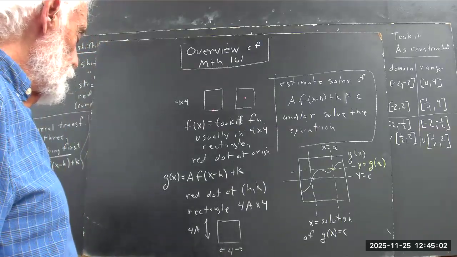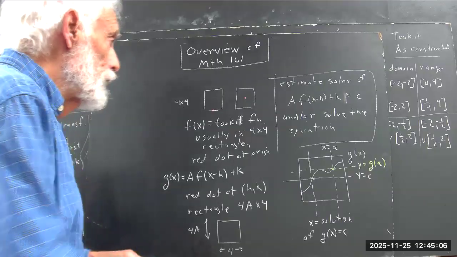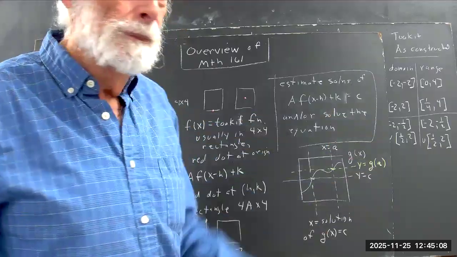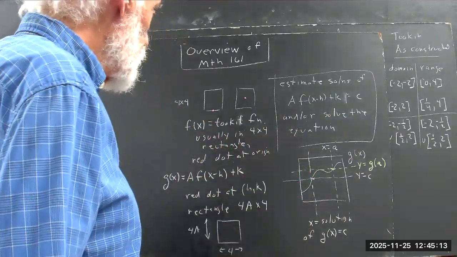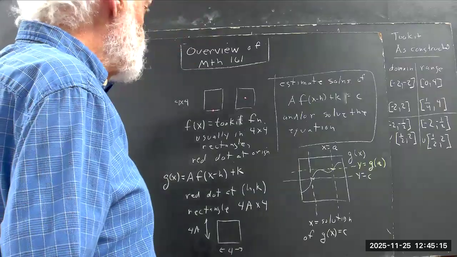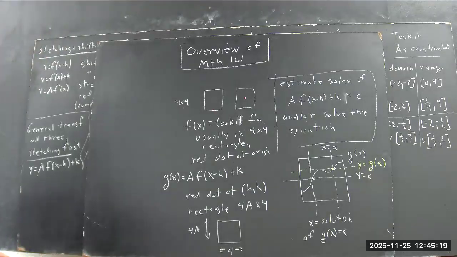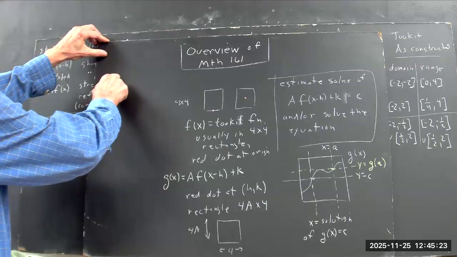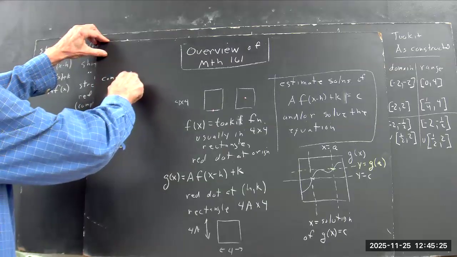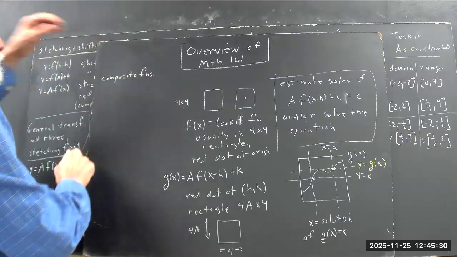And one thing that I focus on here right early is how do you solve these equations? Because we've done some of that, we haven't looked at it systematically. So now there's much more to the course. Then we have composite functions.